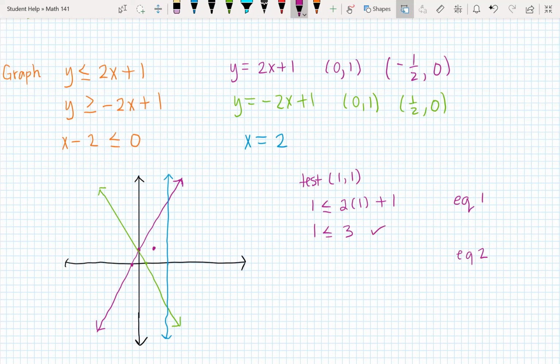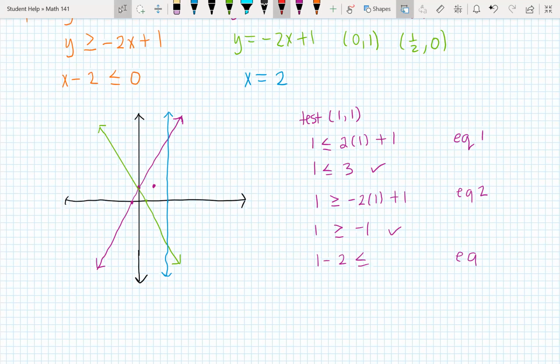For the second equation, we have 1 greater than or equal to negative 2 times 1 plus 1. So 1 is greater than or equal to negative 1. Yeah, that's true. And then the last one, we have 1 minus 2 less than or equal to 0, and negative 1 is less than or equal to 0. So that's true. So we're going to be shading in this whole region here.